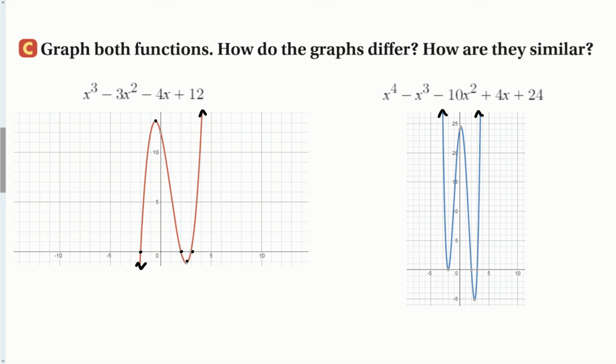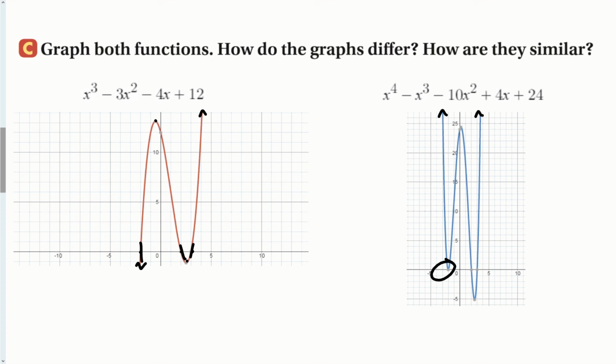It has 3 turning points, but look at what happens at -2. It's an intercept, but the graph touches the x-axis and bounces the other way. It does not go through the axis like all of these intercepts, okay, or like these two. Okay, not only is it an intercept, it's also a turning point.